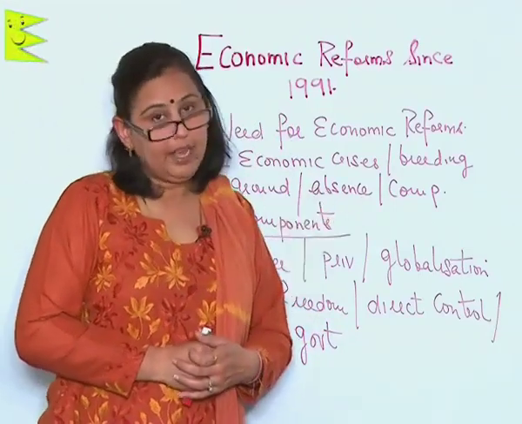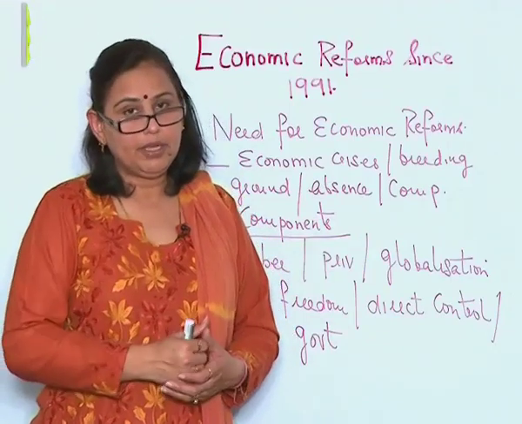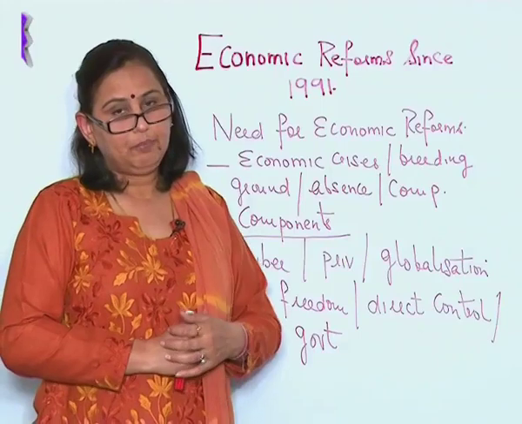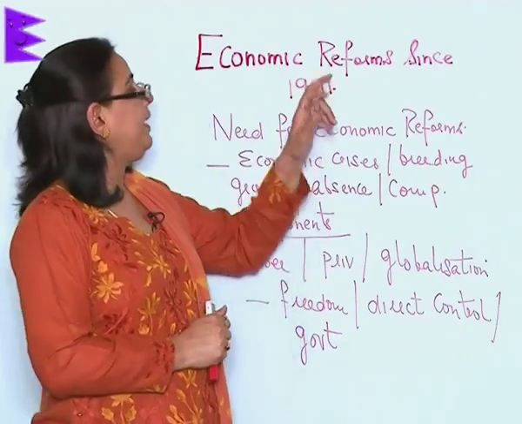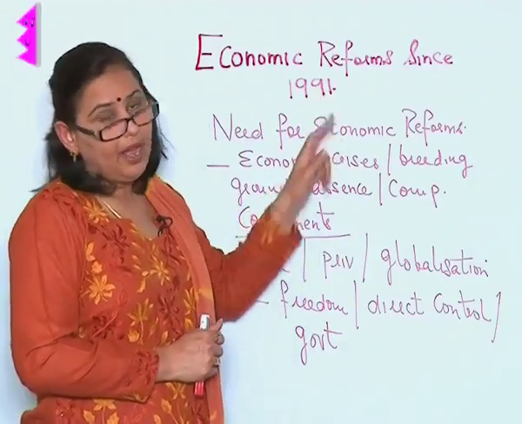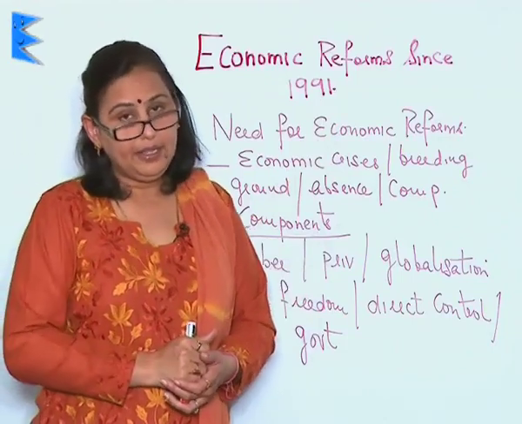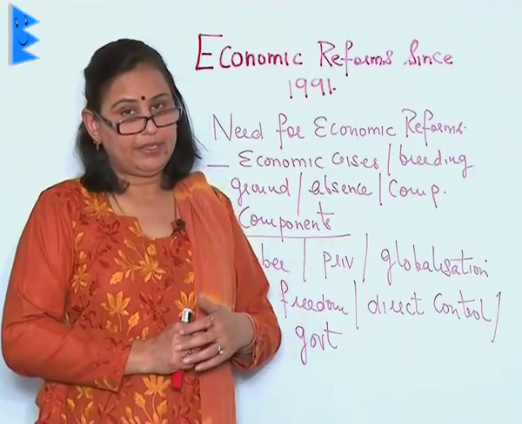Thus, both the government as well as the consumers felt the need of new reforms. And the reforms which were made in 1991 are called the new economic policy in the subject economics.